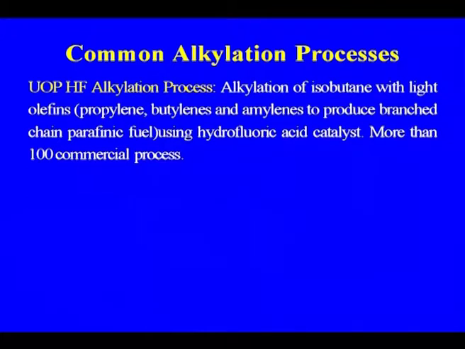Earlier, the UOP HF process was also there, for alkylation of isobutane with light olefins, propylene, butylenes and amylenes to produce branched chain paraffin using hydrofluoric acid catalyst. That was in more than 100 commercial processes, because most of the alkylation processes in refining were earlier based on HF.